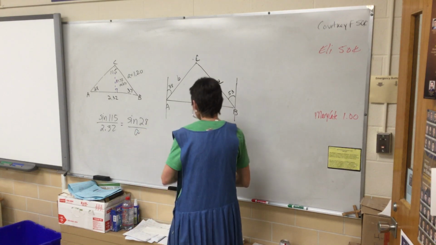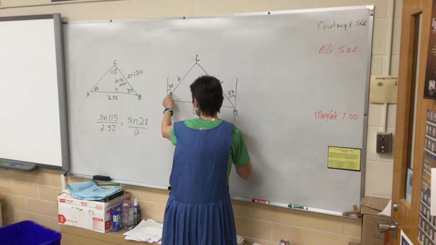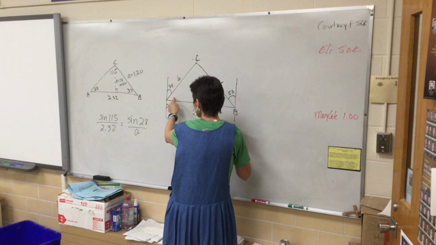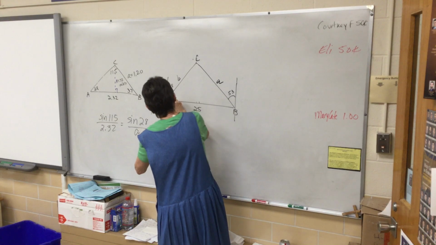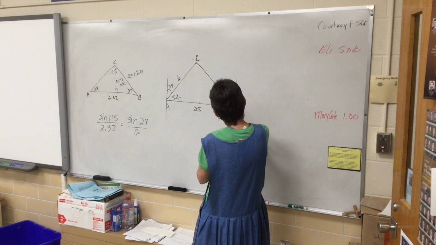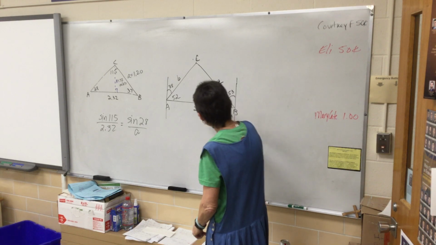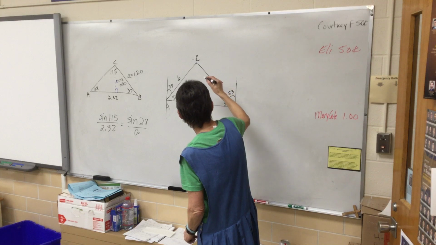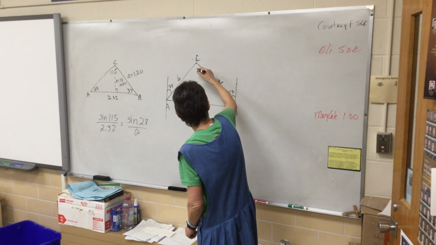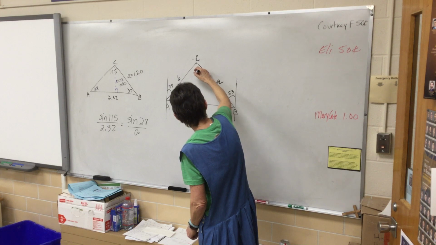Remember, this was north-south and this was east-west. So if that's 38, this one is 52. And likewise over here, if that's 53, then this one is 37. Which makes this one up here 91.